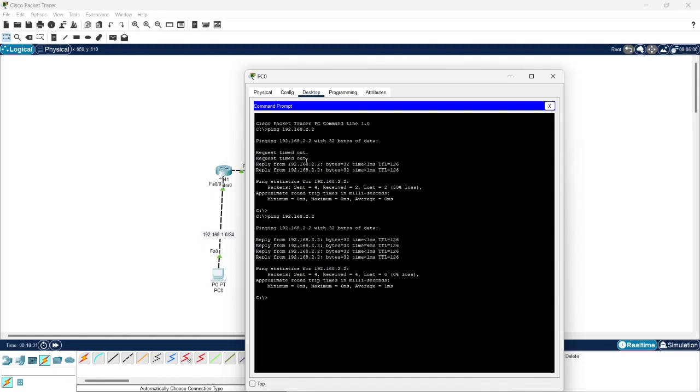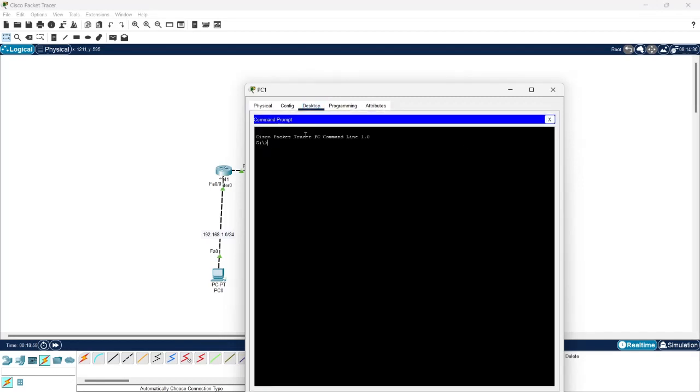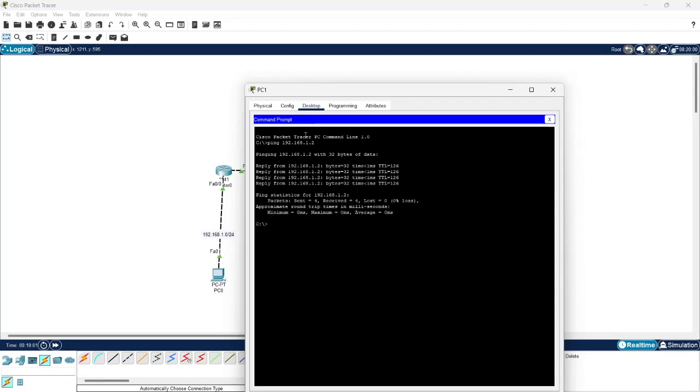For the next, why it is successful is because the network of PC 1.1 already knows about the network 2.0. So for the next, we can try the right PC. We're gonna ping it again. Okay, it's already successful because the network 2.0 already knows about 1.0.